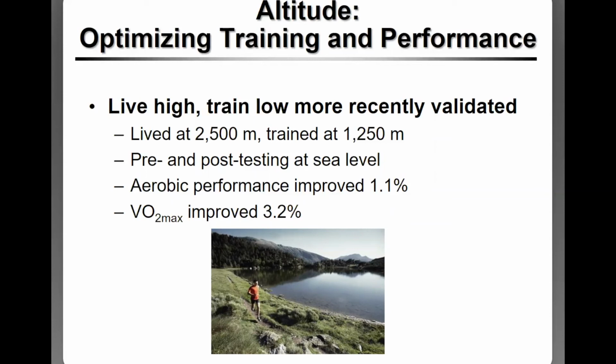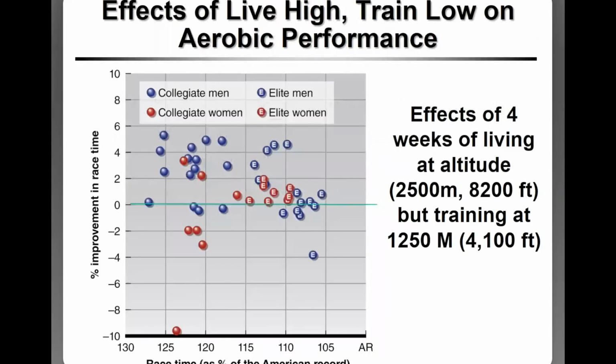It's a significant improvement in endurance performance. So this graph is showing the effects of living high and training low on aerobic performance. And the way to read this is any dot or any data point above this blue line indicates an improvement in race time. So for example, in this individual, he had a 4% improvement in race time. Anything below this blue line indicates a decrement in performance time.